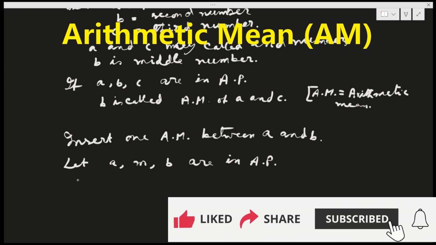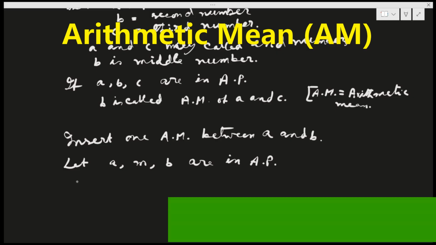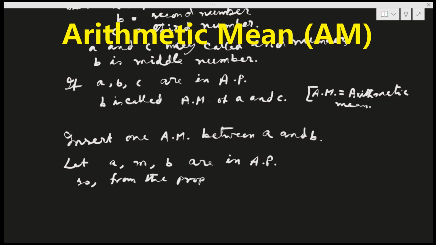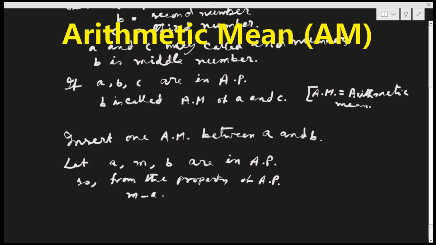Therefore, as per the property of AP, what can we write? We write M minus A equals B minus M. How is it written? See, a term minus the preceding term is the common difference.